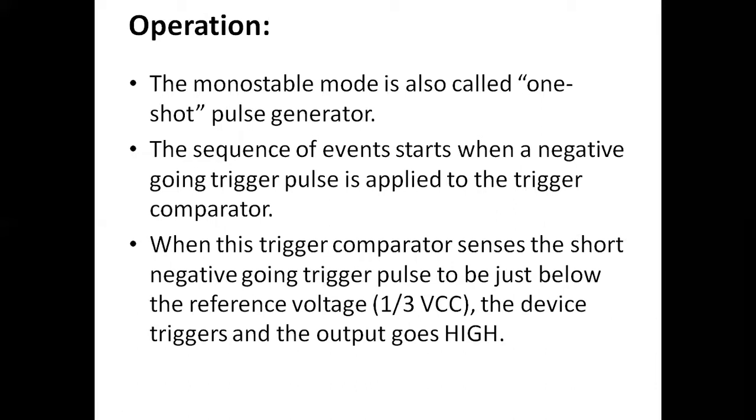The operation starts when a negative trigger pulse is applied to the trigger comparator. When the comparator senses that negative going trigger pulse, then the operation starts. That means it sets the flip-flop by using that triggering pulse.